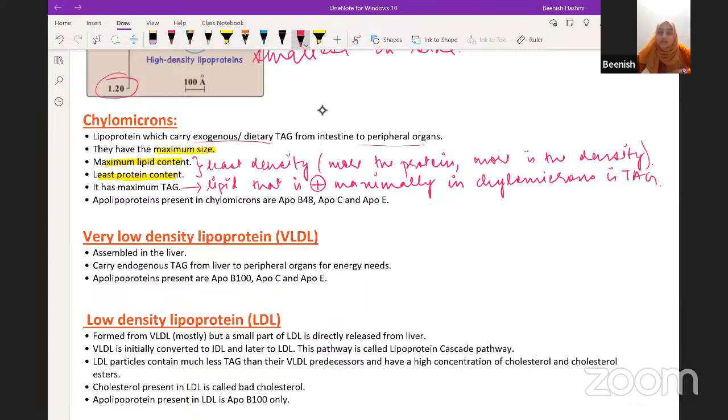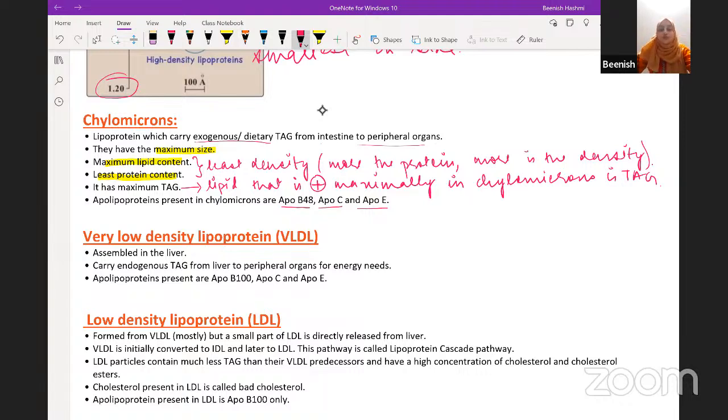Okay. So the lipid that is maximally present in chylomicrons is TAG. Then the apolipoproteins present in chylomicrons are ApoB48, ApoC, and ApoE. So that was briefly introducing you to chylomicrons.